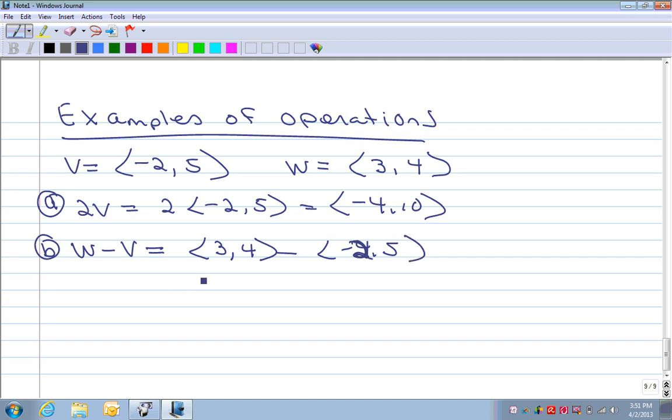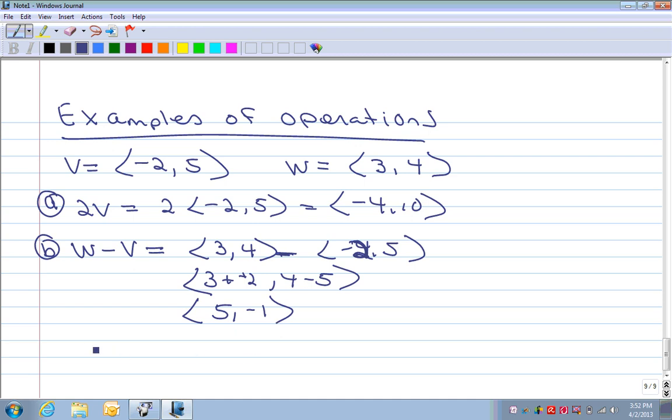Remember what we're going to do: we're going to have 3 minus negative 2, which is plus a positive, and 4 minus 5. That gives us 3 plus 2, which is 5, and 4 minus 5 is negative 1. And so W minus V would be component form 5, negative 1.